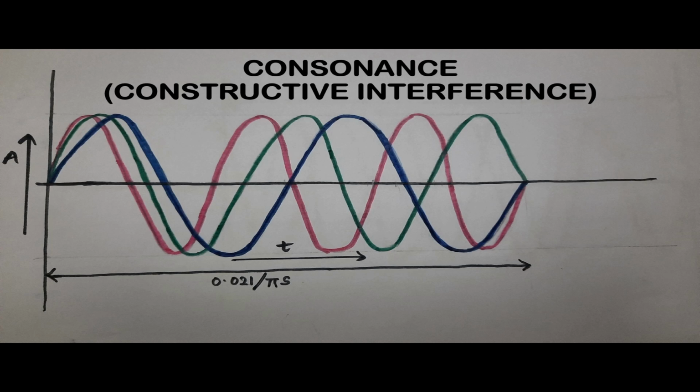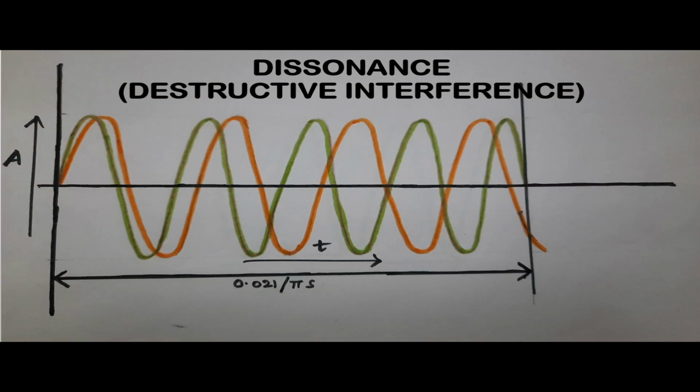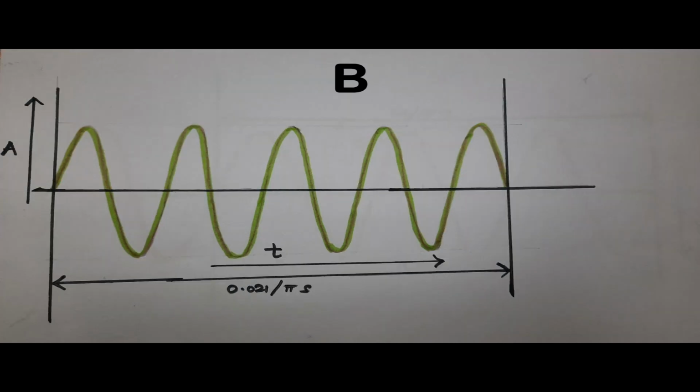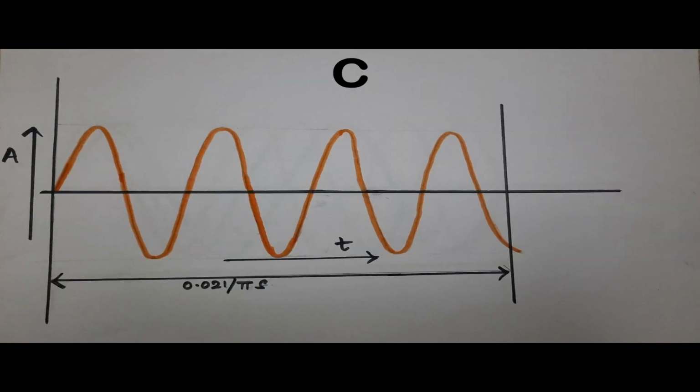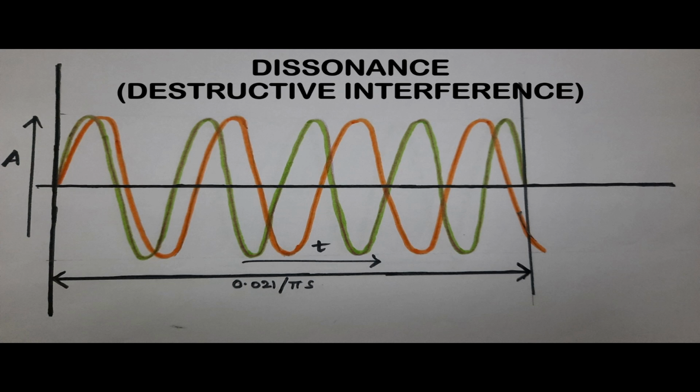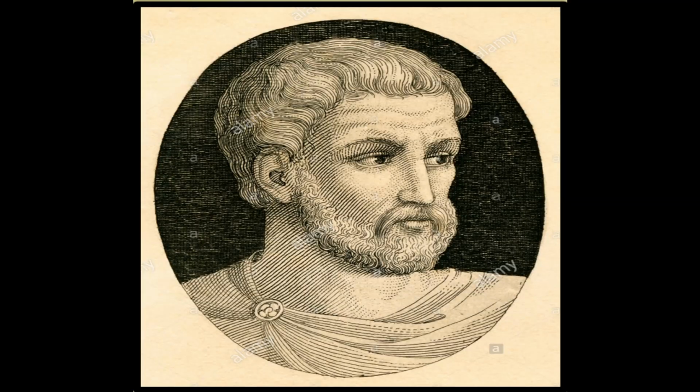An equally intriguing part is Beethoven's use of dissonance using the notes B and C. The waves of these notes mainly undergo destructive interference in the same time, and hence it sounds naturally unpleasant. These happen to be the same consonance and dissonance used by Pythagoras.